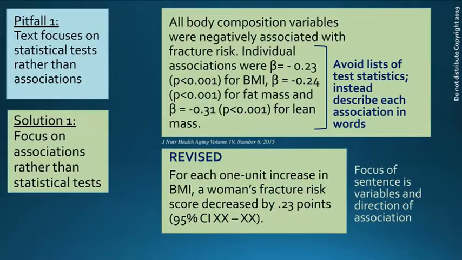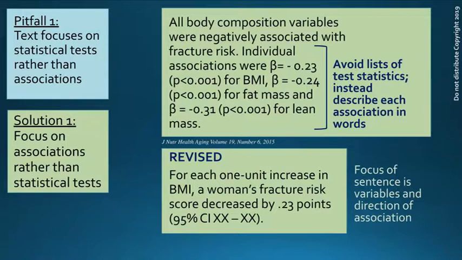In this example from the Journal of Nutrition, Health, and Aging, you can see they're presenting some information, and there's a list of beta coefficients. I suggest avoiding these lists of test statistics and instead describing each association in words.